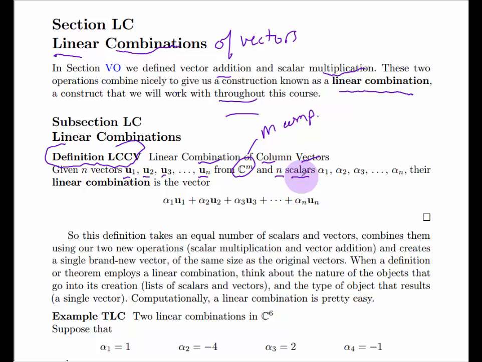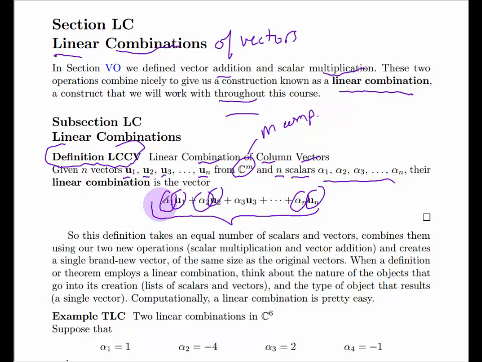Notice there's one scalar for each vector. Now, the linear combination associated with these vectors and these scalars is written this way. Take the first scalar, multiply by the first vector, second scalar, multiply by second vector, all the way up to the nth scalar, multiplied by the nth vector, add them together, and that's your linear combination.